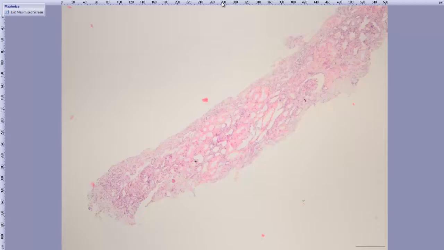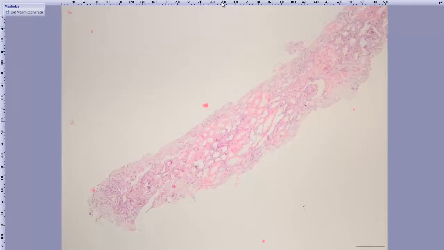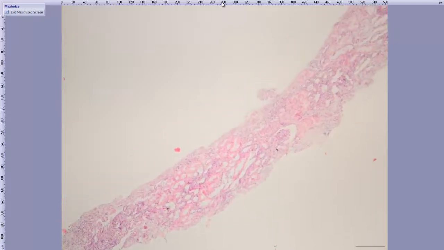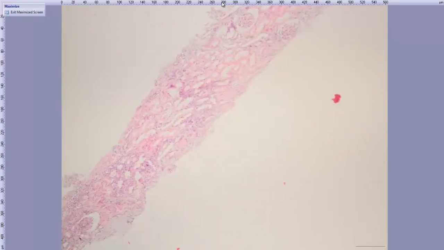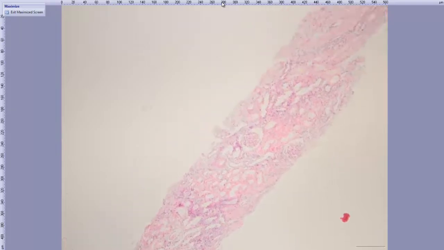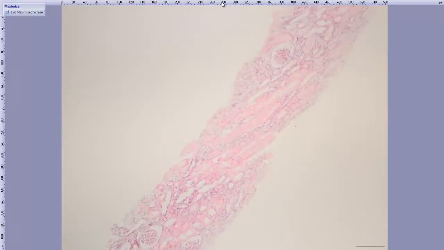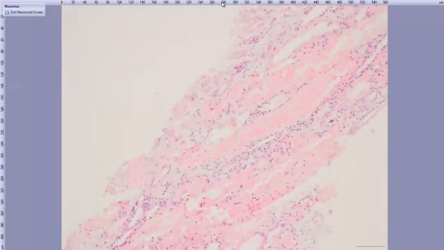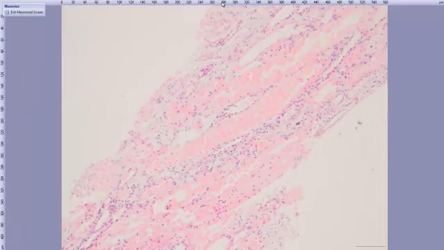At low magnification, we can immediately recognize that there's tubular injury here. You can see that some of the tubules are very swollen. Let's move closer, with vacuolated cytoplasms.